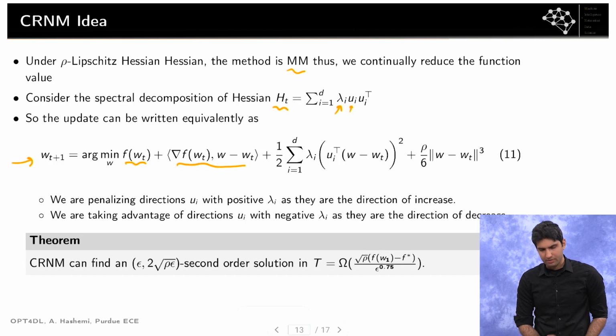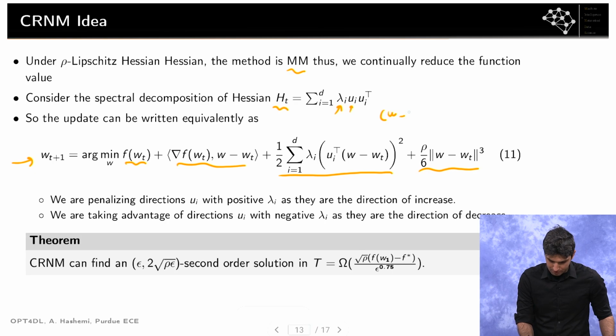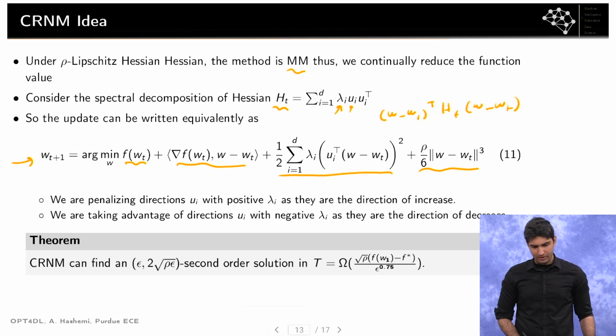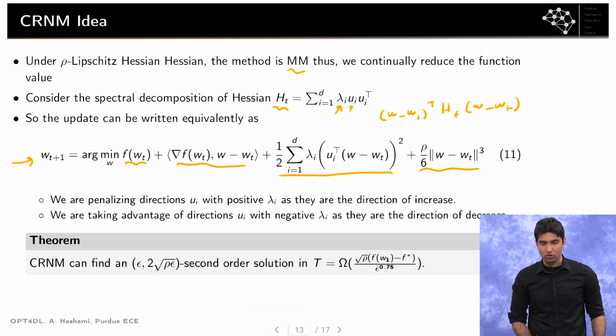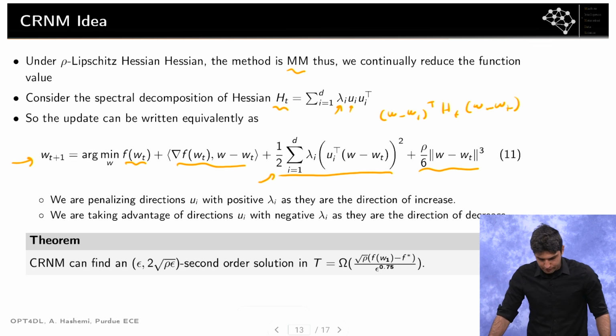This is a linear term like we had before. This is the cubic regularization term, and I want to draw your attention to this term. Previously this was (w minus w_t) transpose Hessian (w minus w_t), and by using the spectral decomposition of the Hessian, I can write that equivalently in this form. Okay, now let's see what is happening.